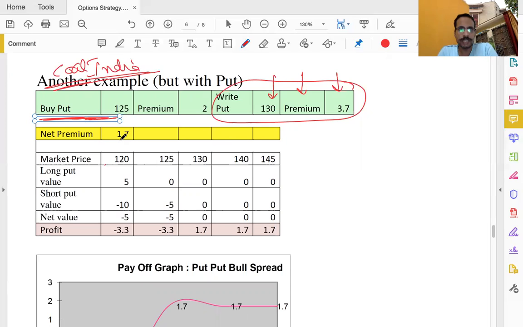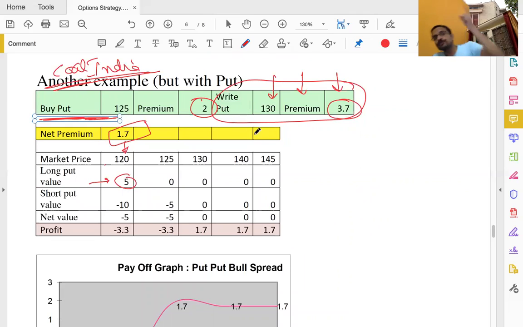And here, if you see, the premium that you have to shell out is 2, and the premium as a writer that you get is 3. So here the net premium is positive, right? So when the market price is 120, you have bought a put option to sell at 125, which you will exercise. So your long put value will be 5.